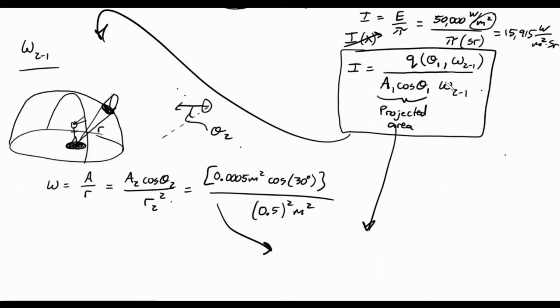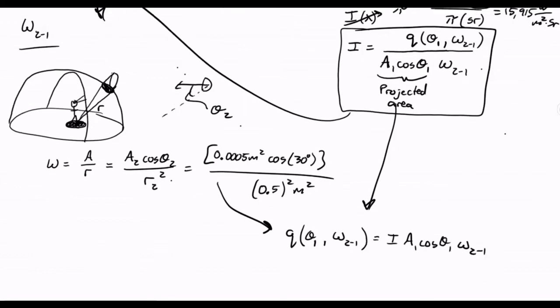We're going to move these bottom terms up here and say that the Q from surface 1 in the theta 1 direction for a certain solid angle amounting to this omega from 2 to 1, so how much of the hemisphere does surface 2 take up with respect to surface 1, is equal to intensity times area 1 cosine theta 1 times omega 2 to 1.